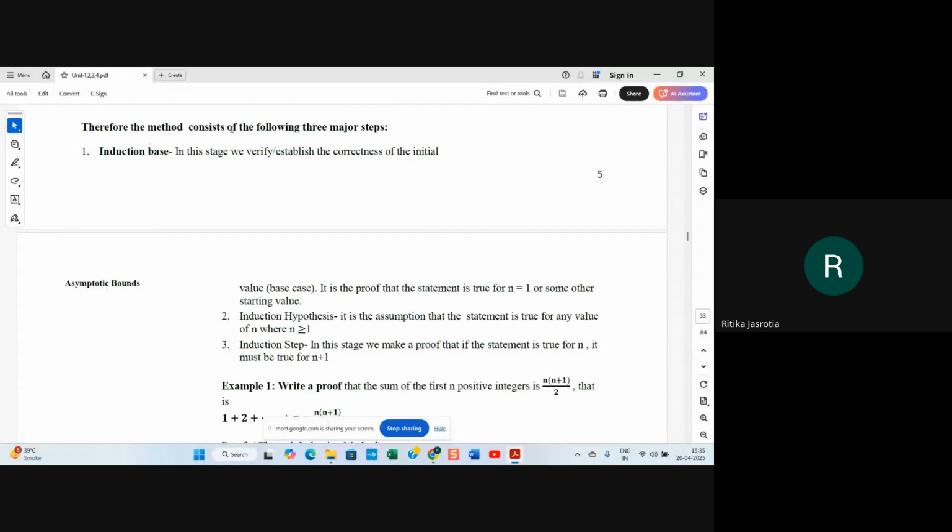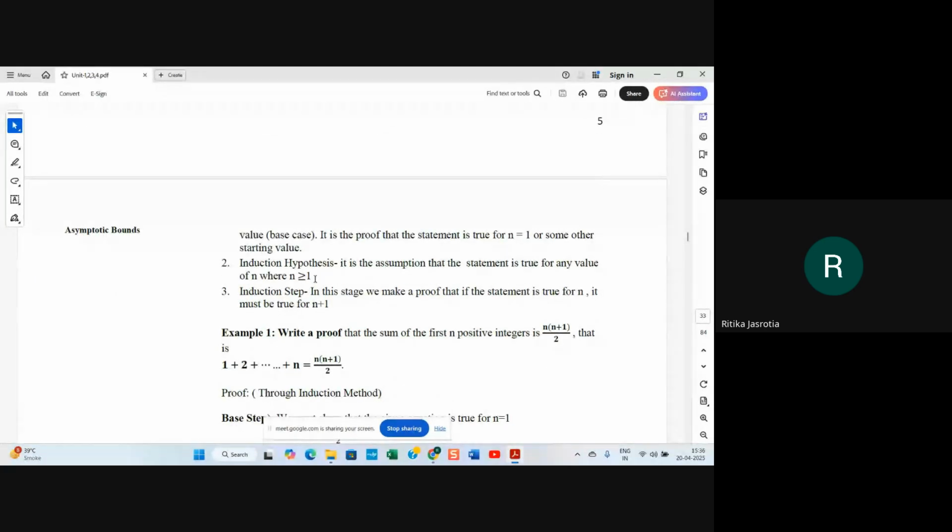Therefore the method consists of the following three major steps. Induction base: in this stage we verify or establish the correctness of the initial case. Suppose x is 1; first we check whether the statement is true for x is 1. If that statement is true for x is 1, then we will say that for others also it is true. So initially we check for the base value, the initial value. It is the proof that the statement is true for n is equal to 1 or some other starting value. Induction hypothesis: the next step is the hypothesis.